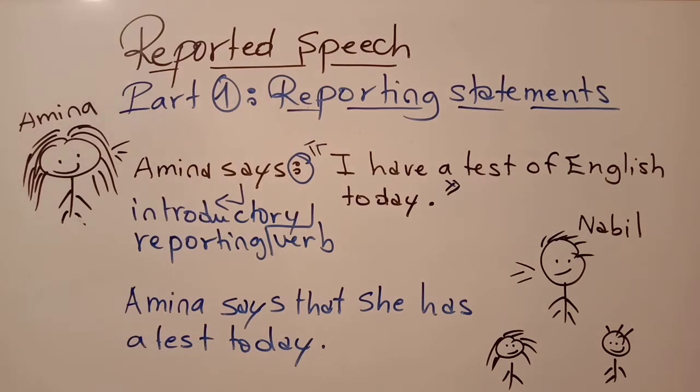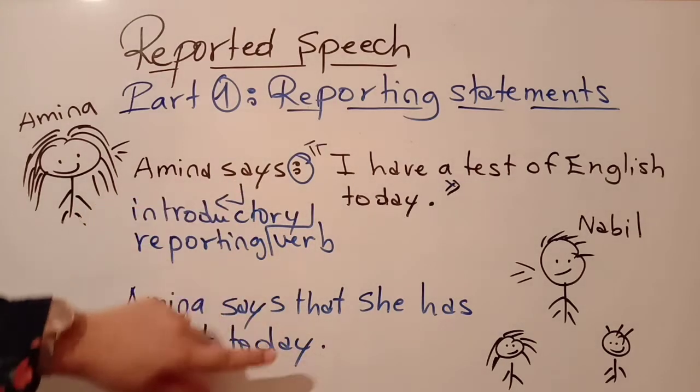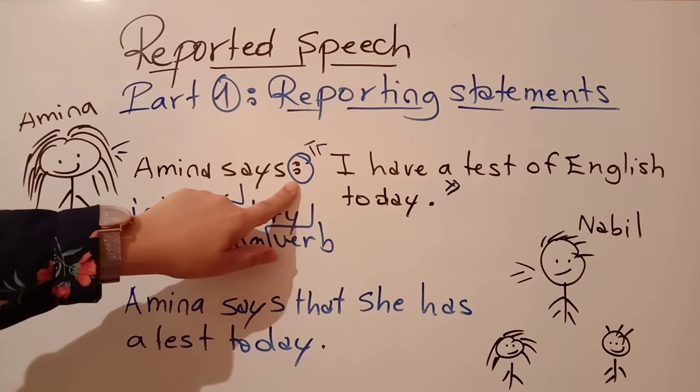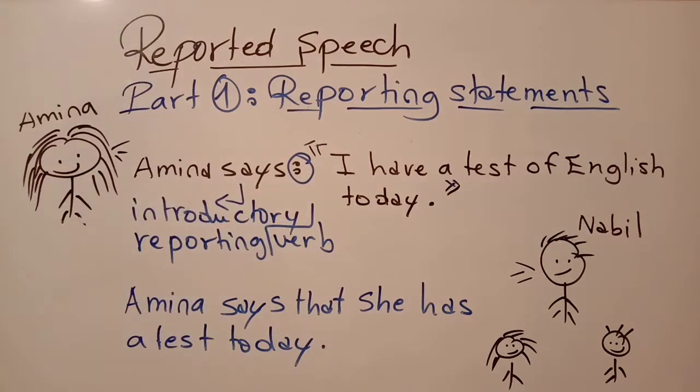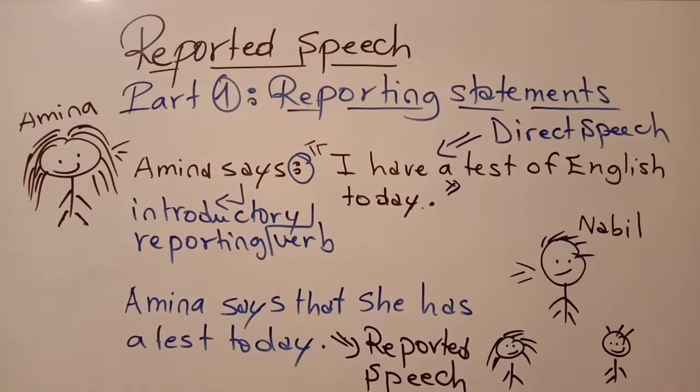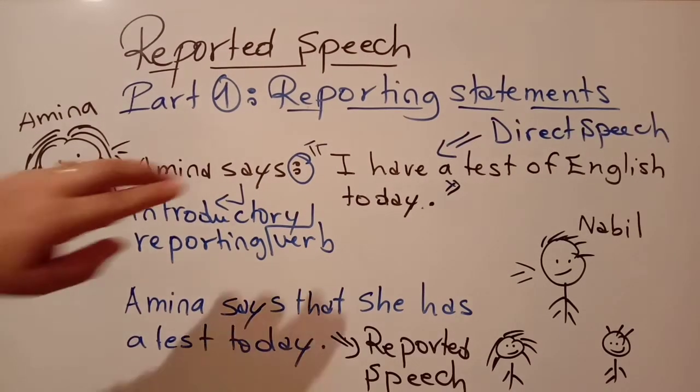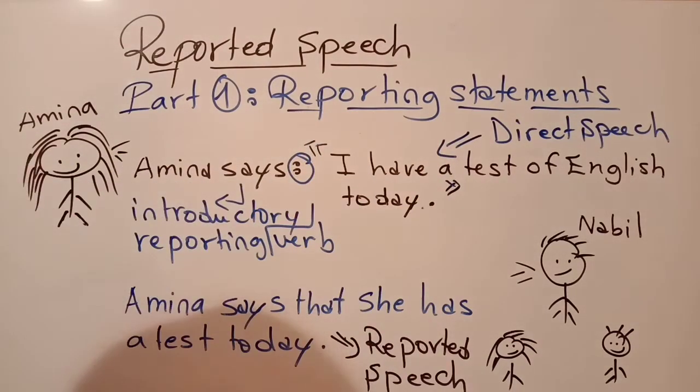So what do you notice? We notice that in reported speech we remove the colon and the quotation marks, in addition to other changes that I will explain later. So this is direct speech, and the second one is reported speech. Clear?